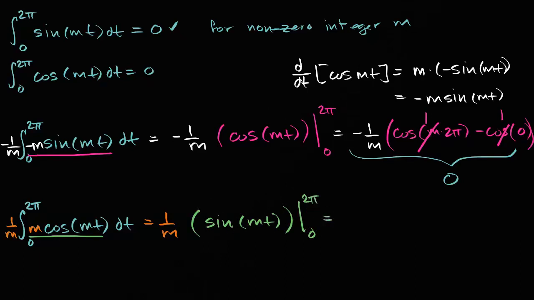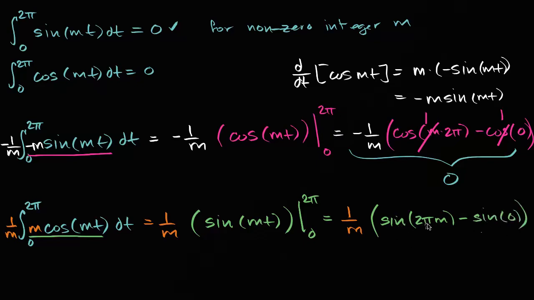So we still have our 1 over m out front, and this is going to be sine of m times 2 pi, or we could say 2 pi m, minus sine of m times 0, which I could just write as sine of 0.